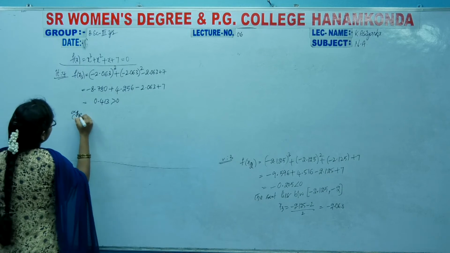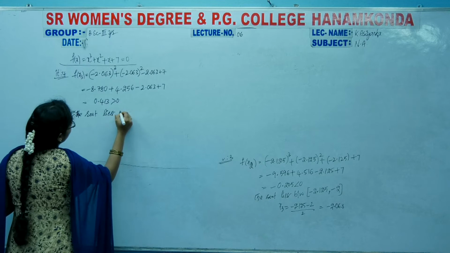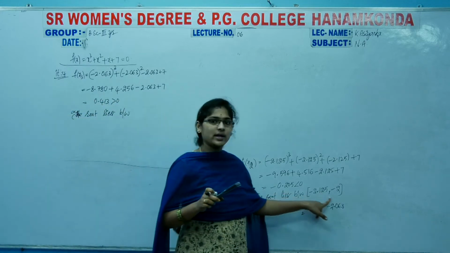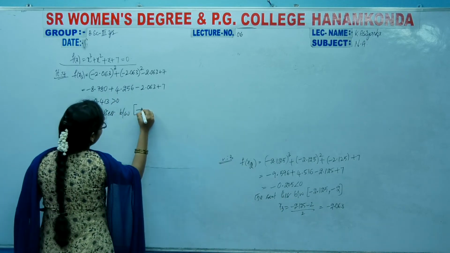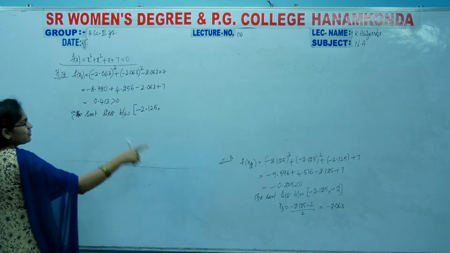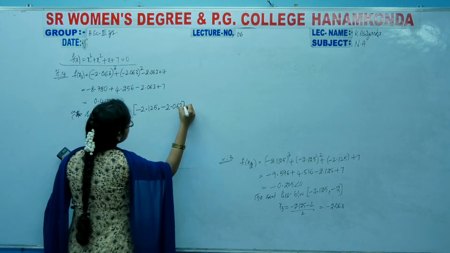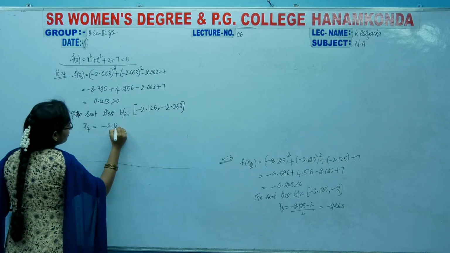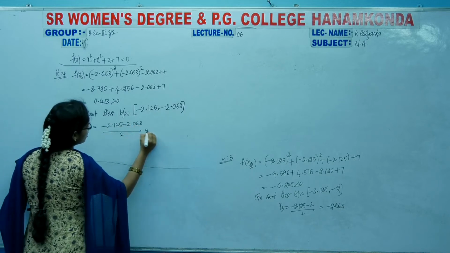Therefore the root lies between, here we have a negative one and a positive one. So now we have to ignore the positive: minus 2.125 comma minus 2. In place of minus 2, what do we have to take now? Minus 2.063.